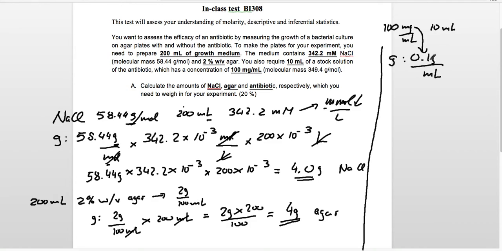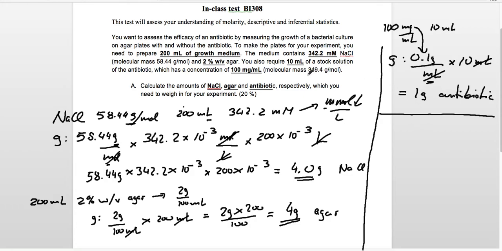I've got my gram unit here, and I want to get rid of the milliliter, so I just simply multiply that by 10 milliliter. The milliliter cancel out, and I've got 0.1 grams times 10, and that gives me exactly 1 gram of the antibiotic that I have to weigh in.